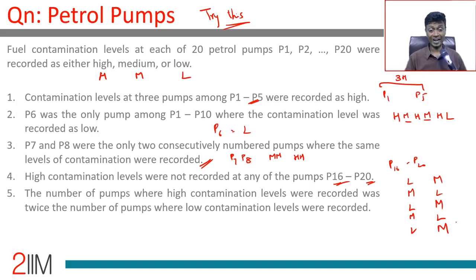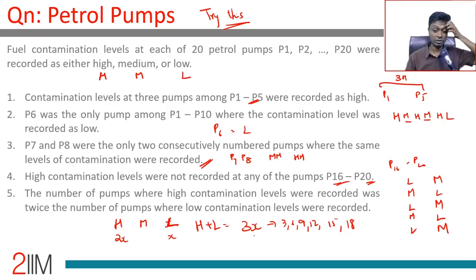The number of pumps where high contamination levels were recorded was twice the number where low contamination levels were recorded. So H, M, L. If L were X, H is 2X. Together, H plus L is 3X. The multiple of 3: 3, 6, 9, 12, 15 or 18. That means medium will be 17 or 14 or 11 or 8 or 5 or 2.